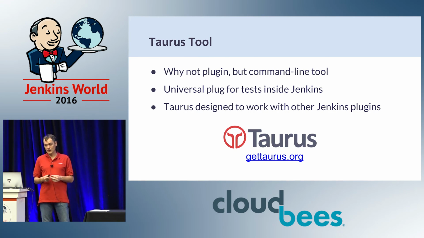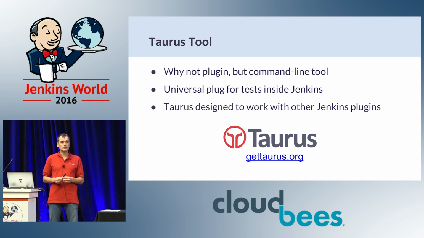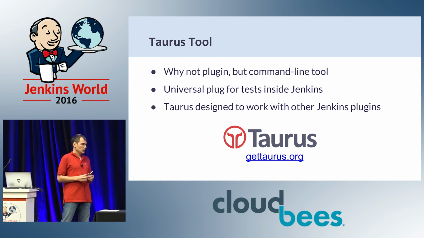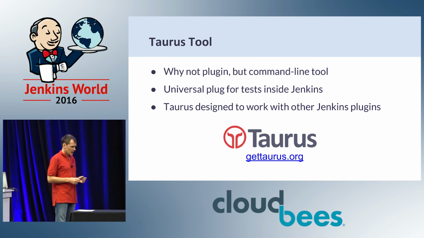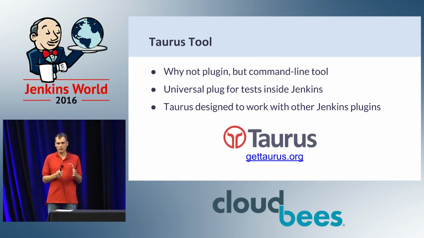And last and most interesting, most trendy thing is the Taurus tool. This is not a plugin, this is a command line tool, and there are reasons for that. If you look into the plot plugin, this is the example why the Taurus tool is not a Jenkins plugin: when you have a lot of features, the UI of Jenkins becomes really tricky to manage.